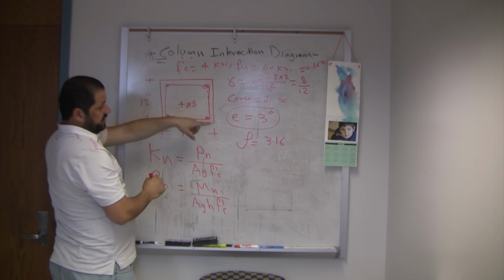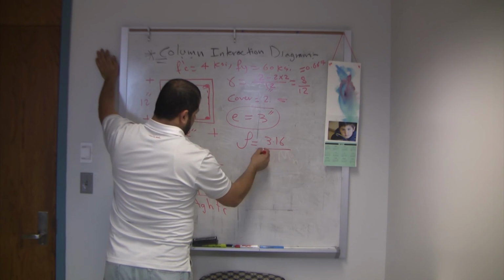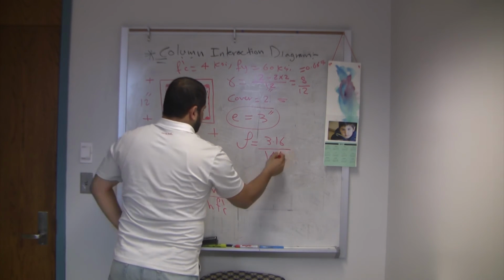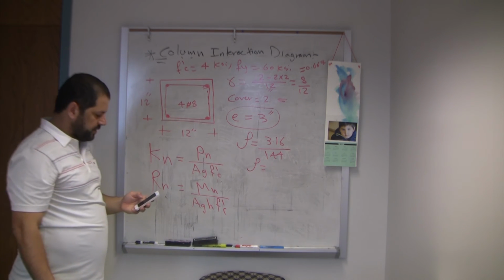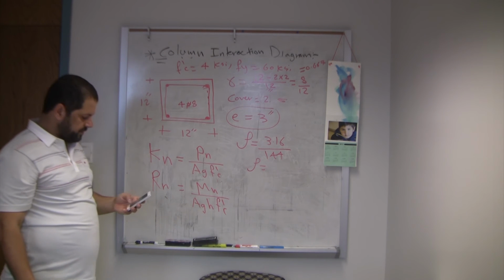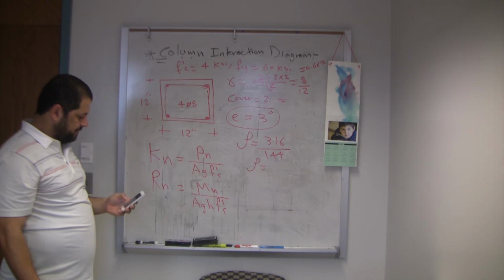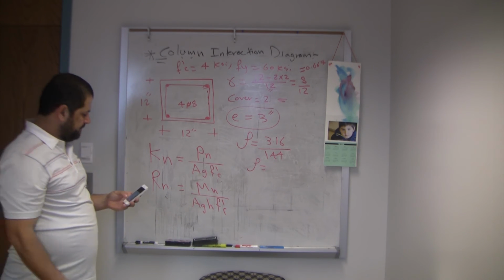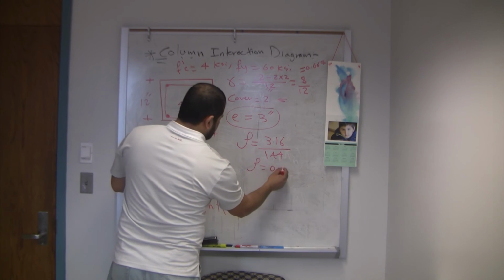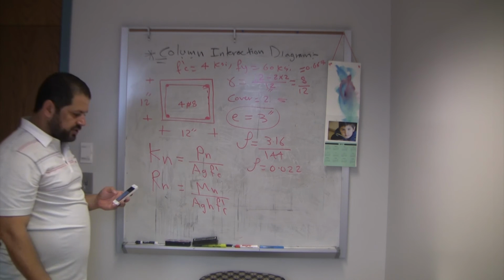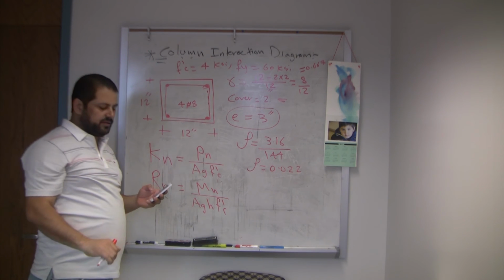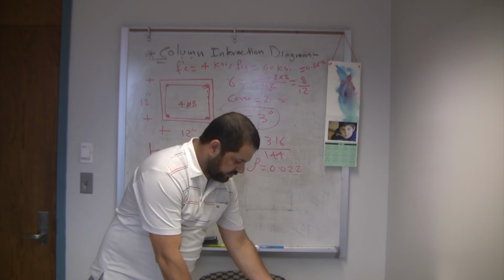They give you the area of steel 3.16 for number 8, divided by 144. So you can get rho equals 0.022. That's your rho. So now you know what rho is.